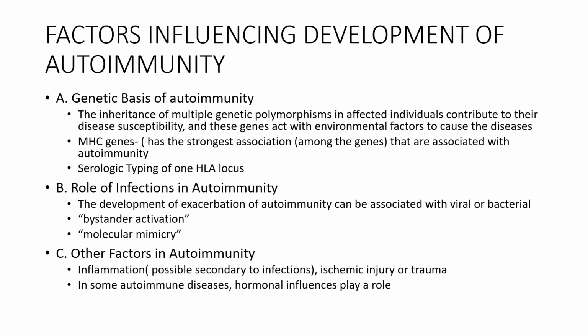Now, the strongest link found to date between certain HLA molecules and specific diseases is between HLA-B27 and ankylosing spondylitis. Individuals who possess HLA-B27 have a 90 times greater chance of developing the disease than the normal population. Then we also have the role of infections in autoimmunity.